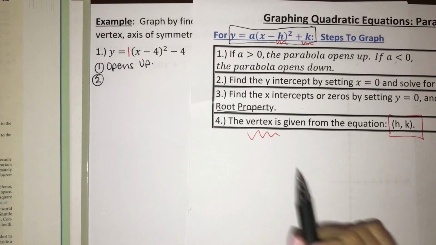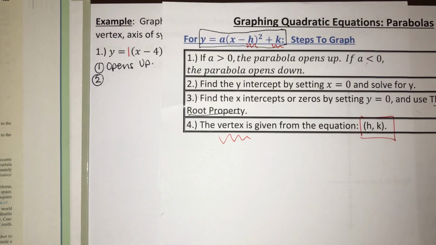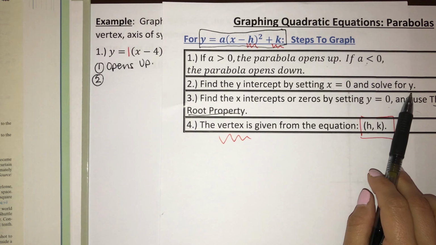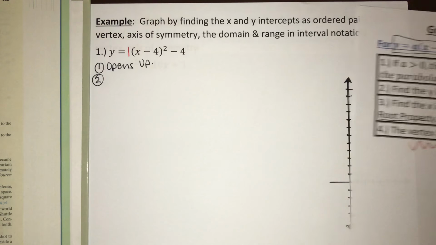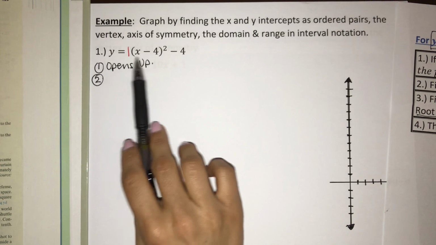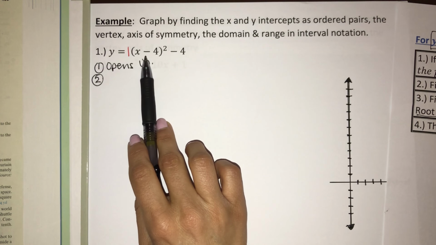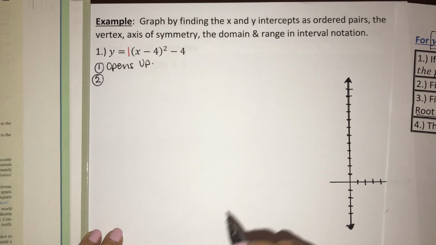Next, I need to find the y-intercept by setting x equal to 0 and then solving for y. So x has to be 0. Here's the equation. If you input 0 for x, we're just left with (-4) squared minus 4.